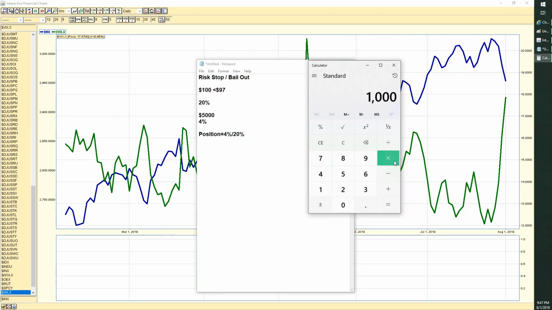Now, if the trade per share is, let's make up a number, $20, we can buy 50 shares. Now, option contracts come in lots of 100.